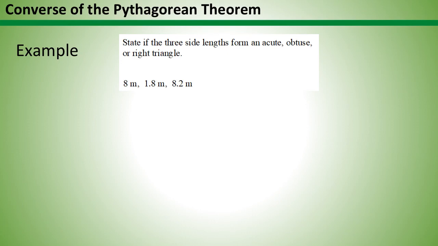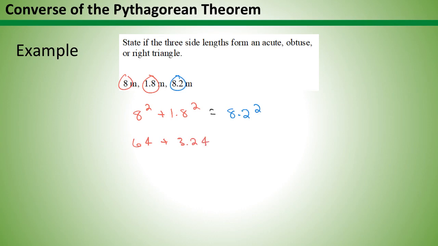And here's another example. Sometimes we're not going to be given the actual triangle, but just the side lengths. But we can see that these two are my shorter sides, and that's my longer side. So here I have 8 squared plus 1.8 squared, and that's equal to 8.2 squared. Okay, so 8 squared is going to be 64, plus 1.8 squared will be 3.24.